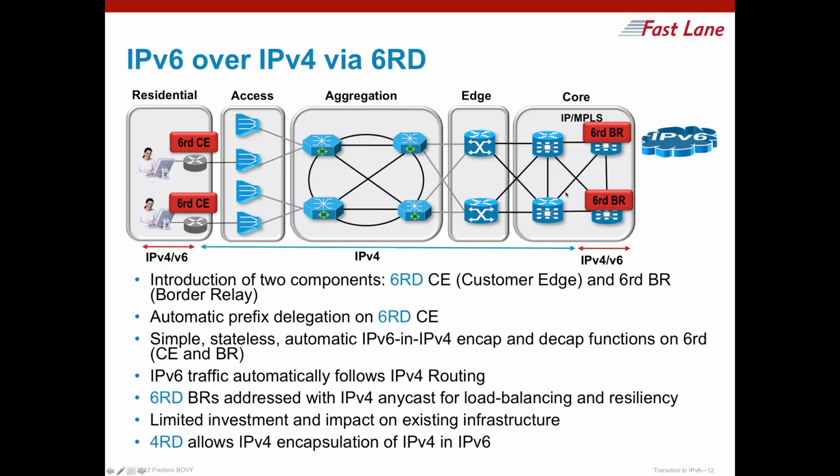Basically the 6RD CE needs to know the IPv4 address of the border relay, and when the 6RD CE detects that the remote address is not in the 6RD domain, it forwards the packet to the relay instead of sending it directly to the neighbor in the same domain.